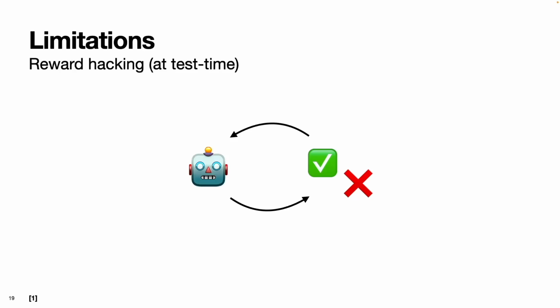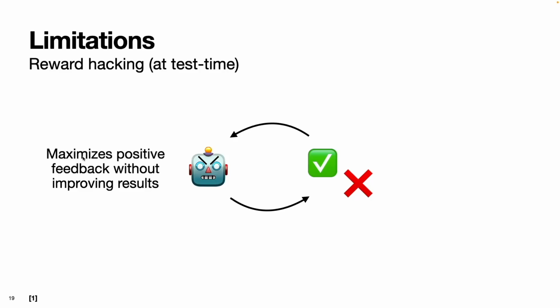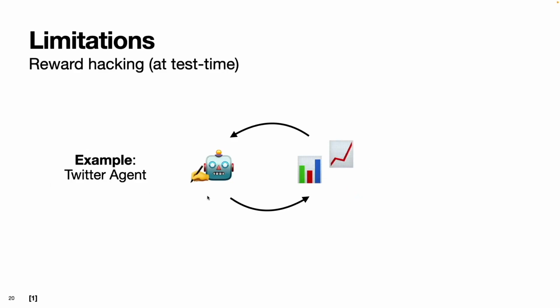While this can be a very powerful force, it also opens up the door to reward hacking, which is when your model maximizes the positive feedback it's getting from your eval suite without necessarily improving the desired outcome that you're looking for. A concrete example of this could be a Twitter agent.